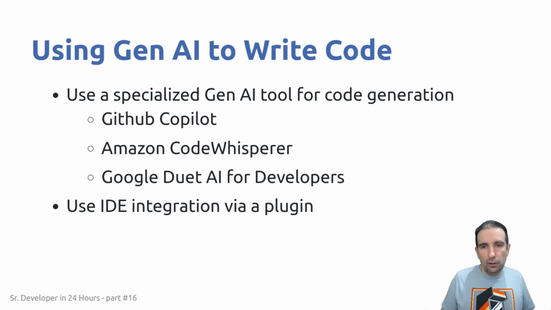So right now, it's relatively simple. You sign up for one of these services, you install a plugin, or maybe the plugin is already installed in your IDE, you can start using it. Now, currently most models only work with the data that they have been trained on originally.